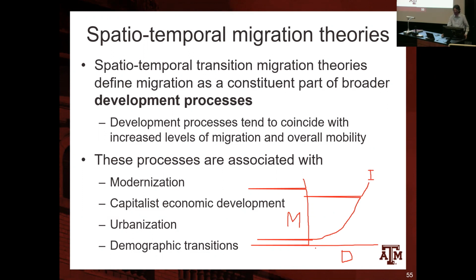On the other hand, in countries that have really low levels of development, the population might be so poor that they don't have the means to go to other areas, so their immigration or out-migration is low. But as those areas develop a little more, people start to have the means to migrate to other areas.